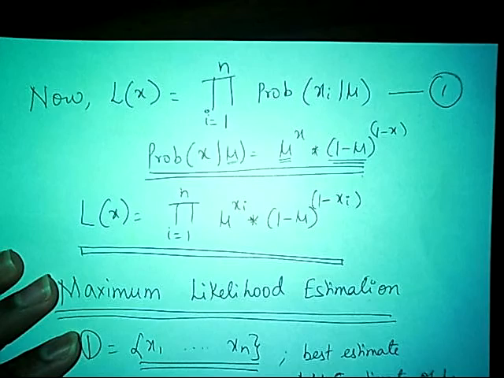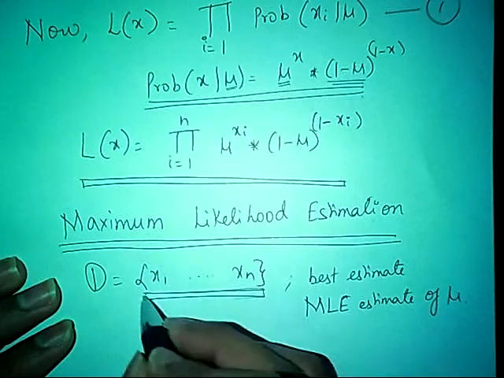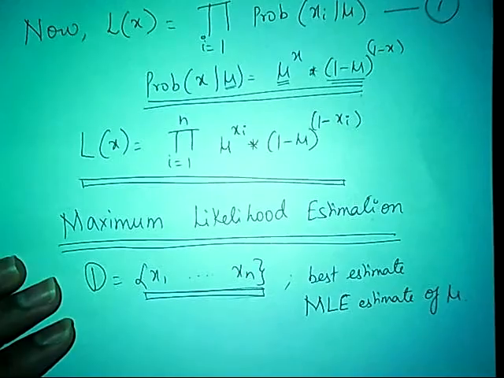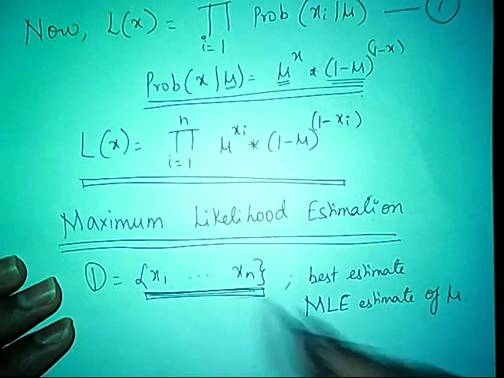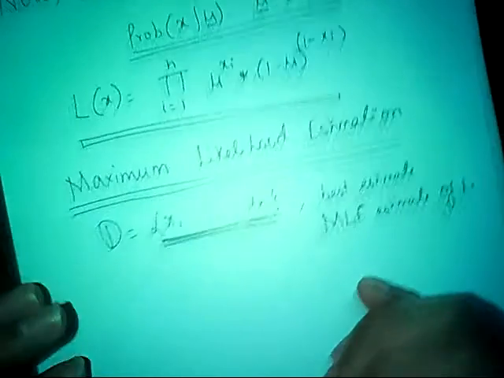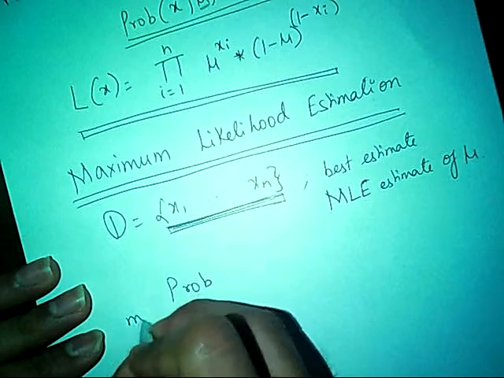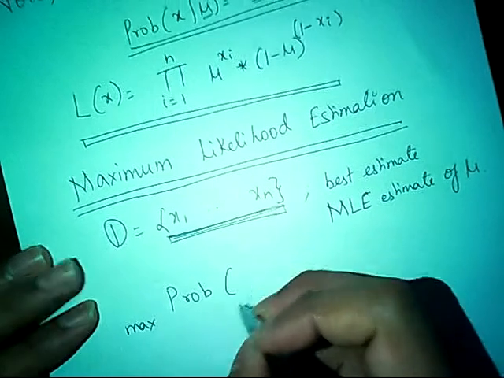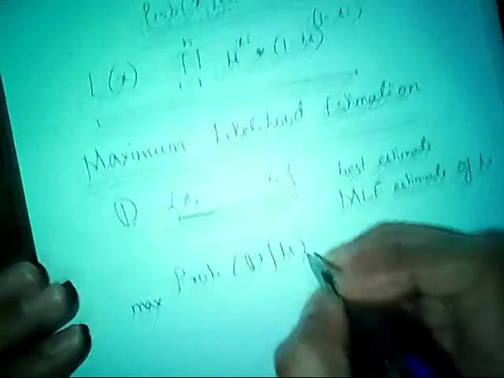So what we are trying to do now is that since we have all of this data, from this data we are trying to get a particular value of mu, which would probably make getting this particular set of data the most likely. So what we want to do is maximize the probability of getting D given mu.